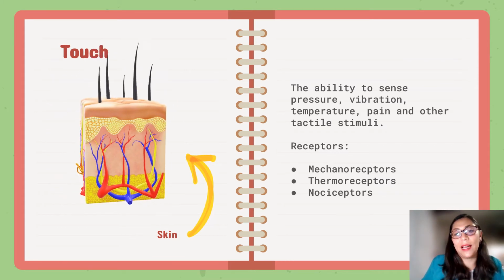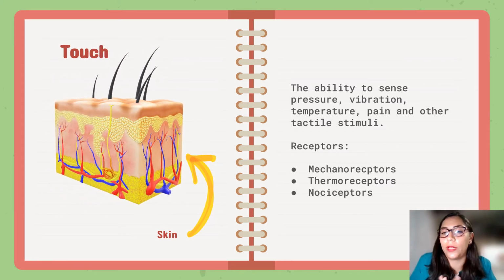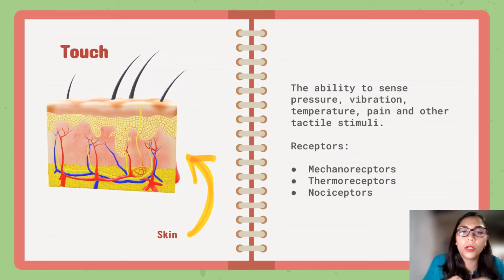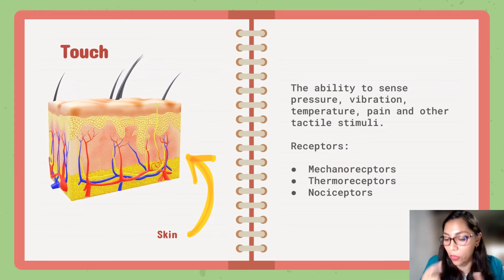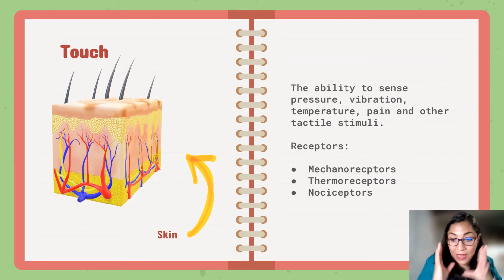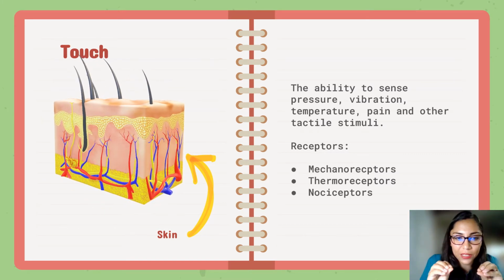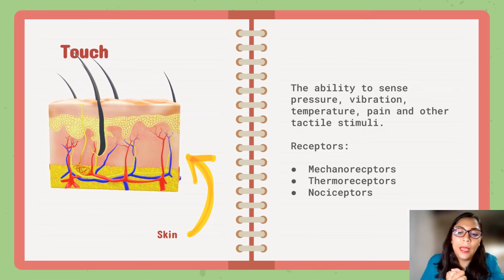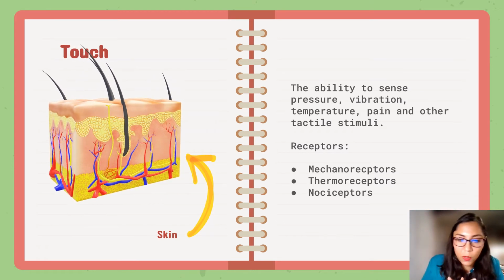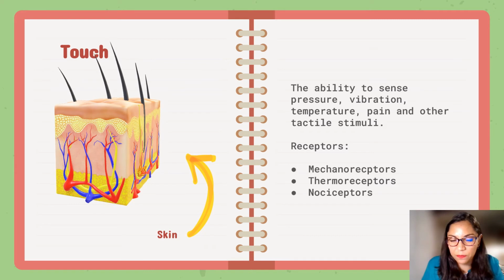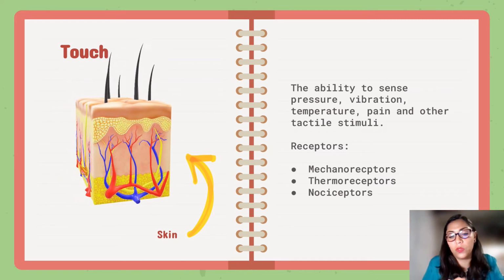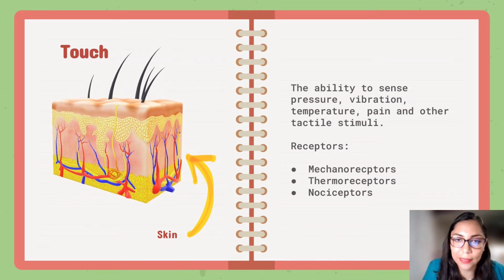These receptors are especially concentrated, so we have more of these receptors in our tongue, lips, face in general, the palms of our hands, in our fingers, and more or less in our feet. So we're going to continue with other senses.